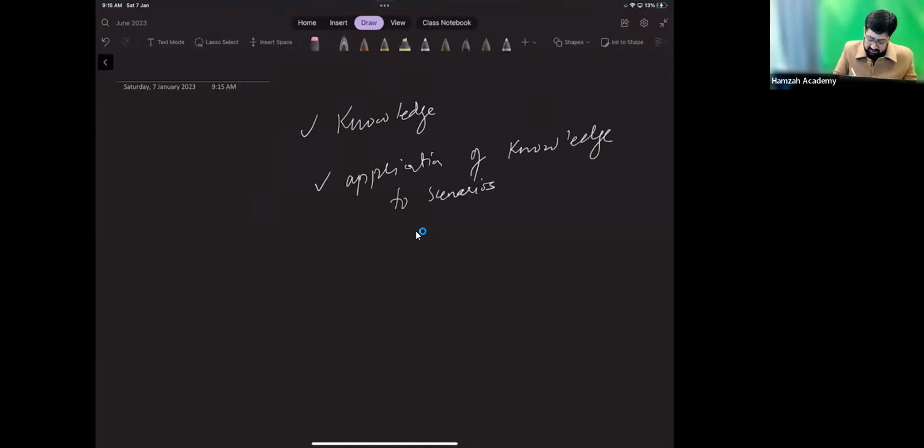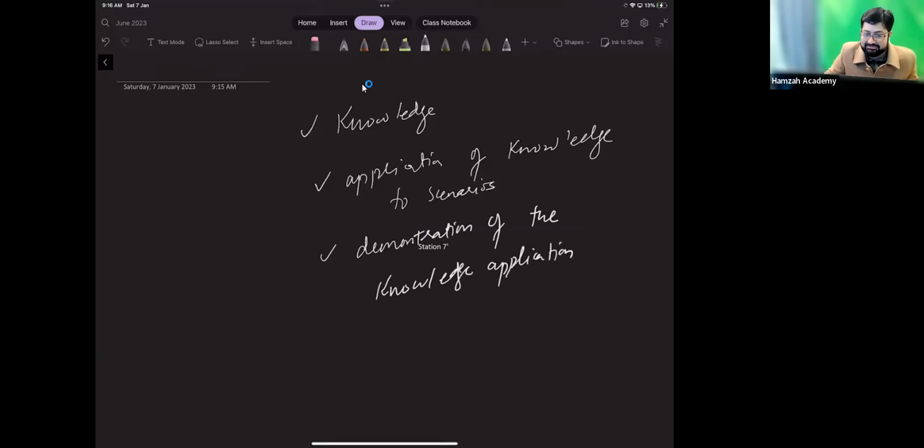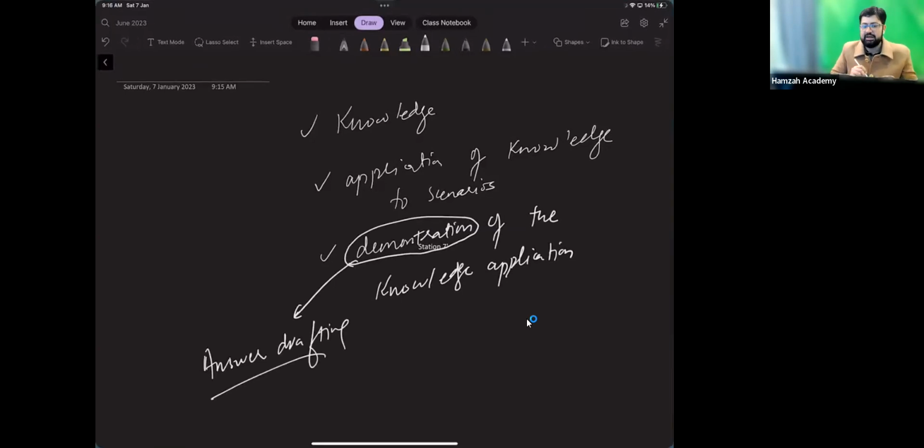And the third is demonstration of the knowledge. Demonstration means it is related to answer drafting in exam.